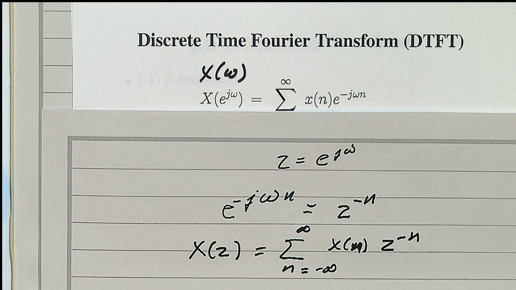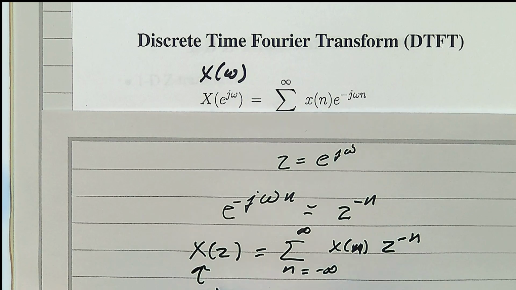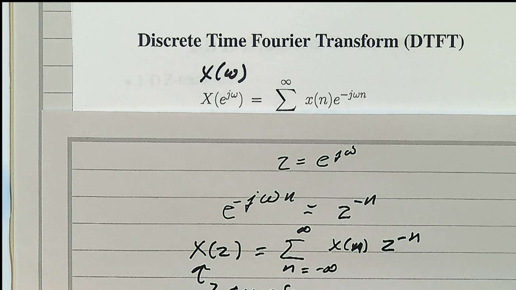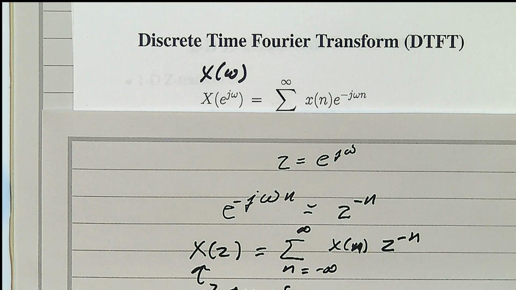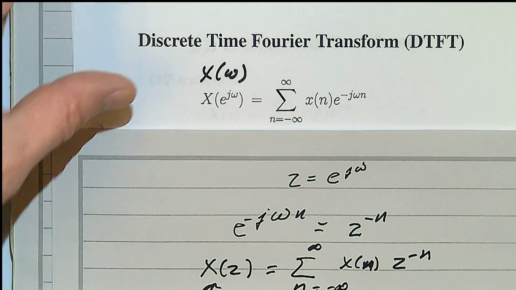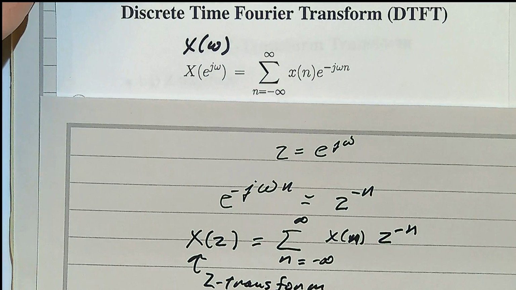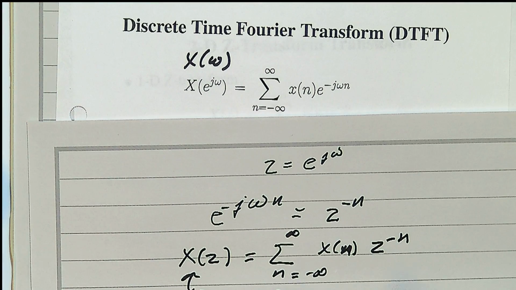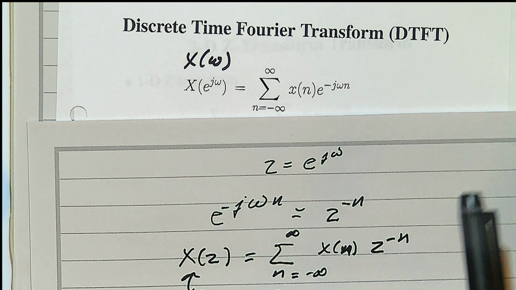So it's kind of interesting. The point here is that this is called a Z transform. So you'd say, well, there's no difference between the Z transform and the discrete time Fourier transform. Well, that's not exactly true, because z here may not be equal to e to the j omega.